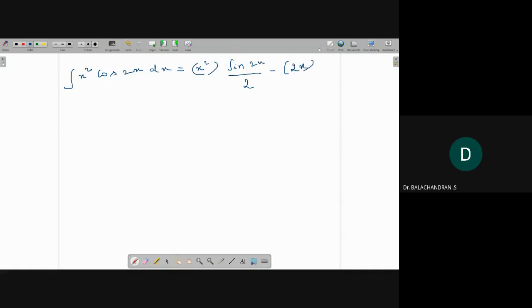Keep x, differentiate x square, you get 2x. To integrate sine 2x by 2, you'll get minus cos 2x by 2 into 2, 4. And then plus, if you differentiate 2x, you'll get 2. If you integrate minus cos 2x by 4, you get minus sine 2x by 8.